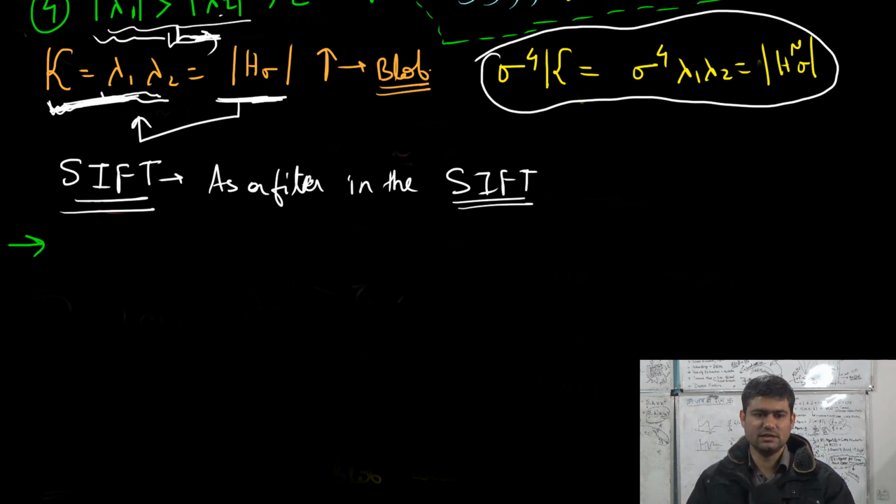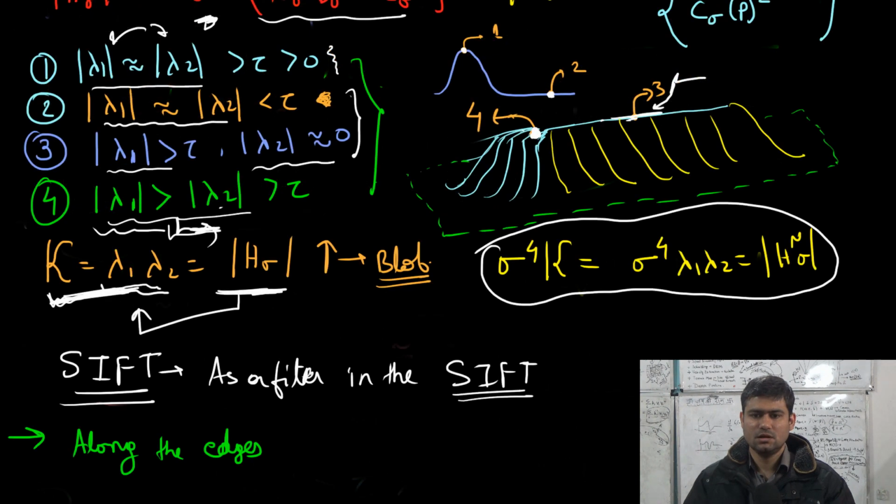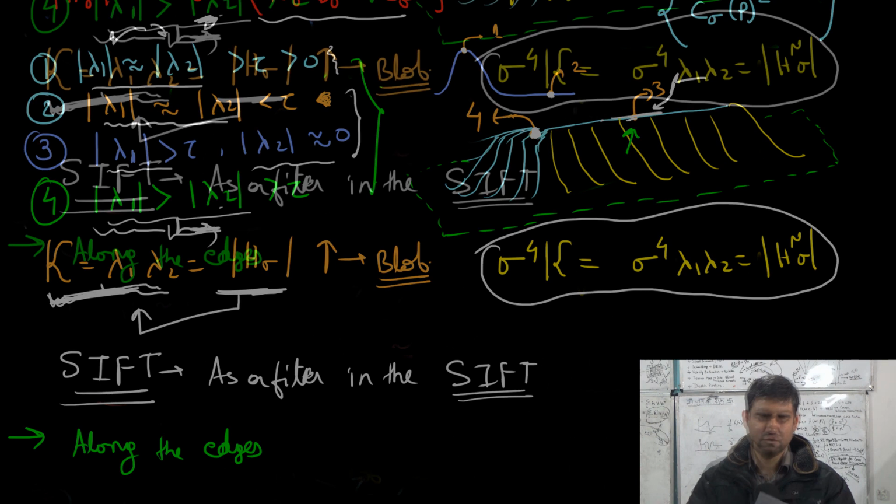As we studied earlier, along the edges there is large curvature in one principal direction, but in the other principal direction the curvature is very small or close to 0.